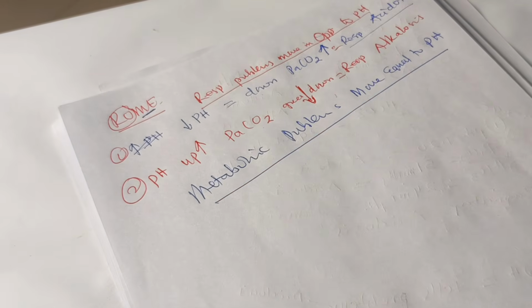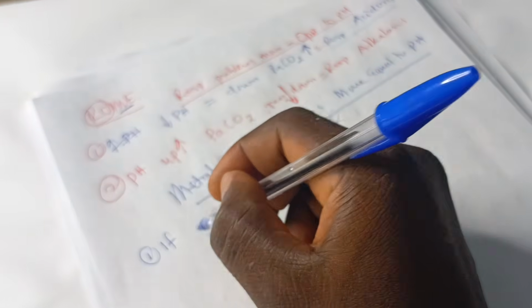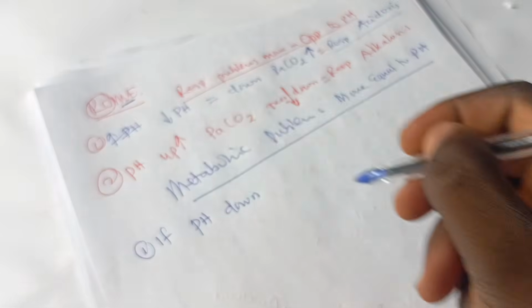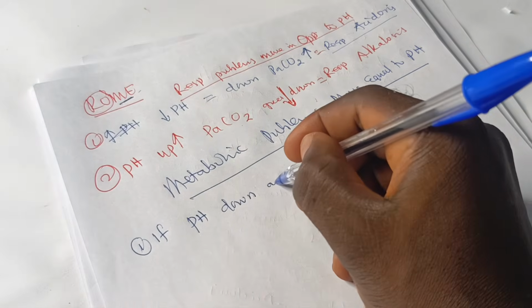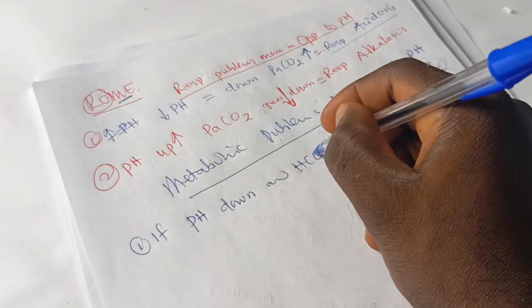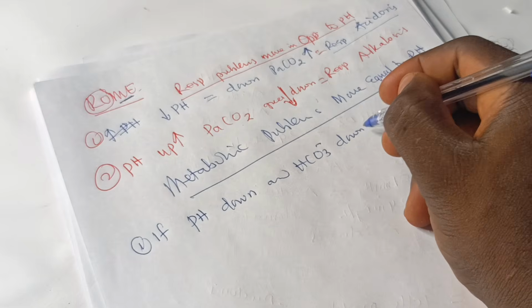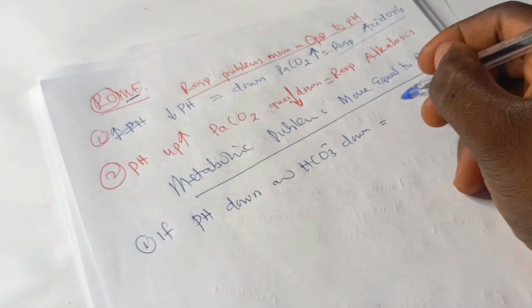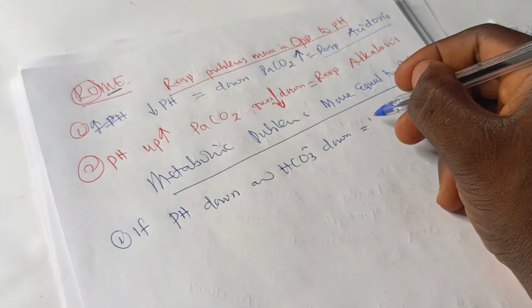Therefore, if pH is down and bicarbonate is also down, what will we have?